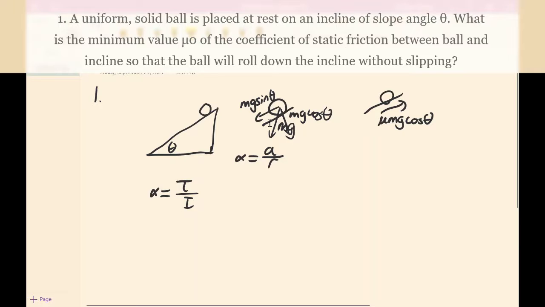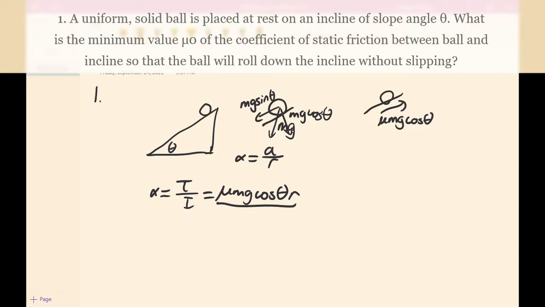There is only one force that creates a torque on the ball, and that is this friction force, because all the other forces go through the center of mass. So the torque would be the force mu mg cosine theta times the distance to the center of the ball, which would be r.